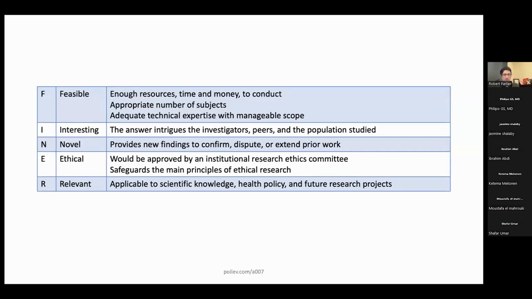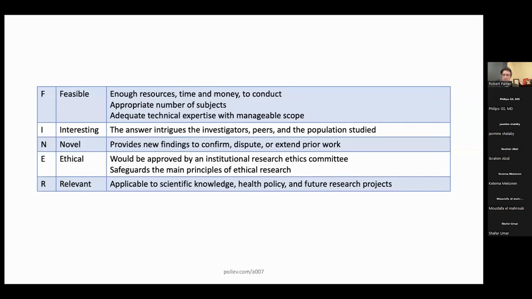So you might think about, well, I want to see if it is better to do on-demand versus planned takebacks to reduce intra-abdominal abscesses? Well, how many patients would you have at your hospital to study that question?